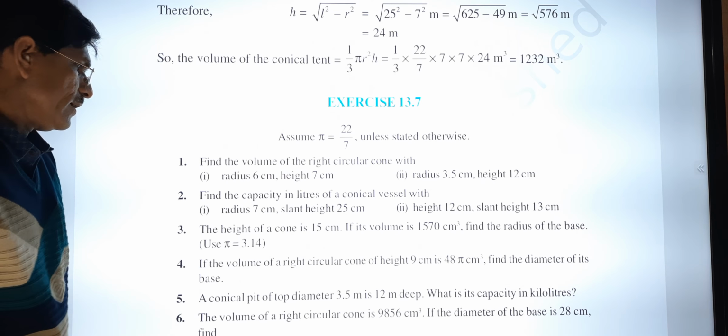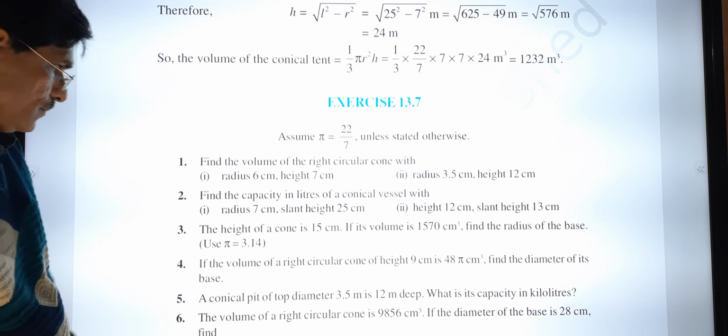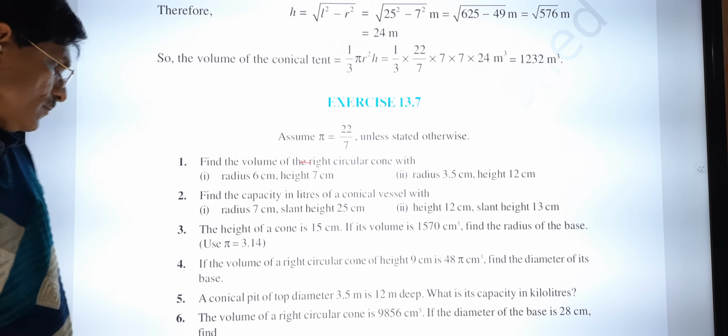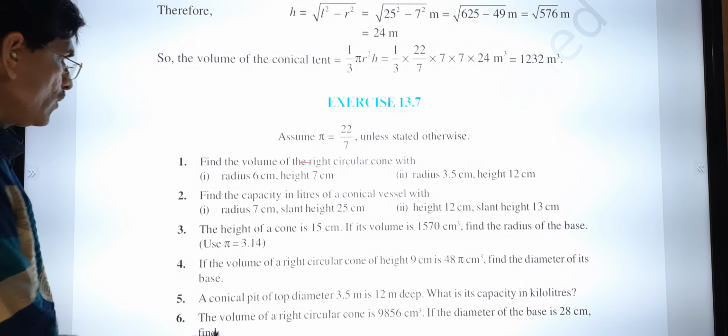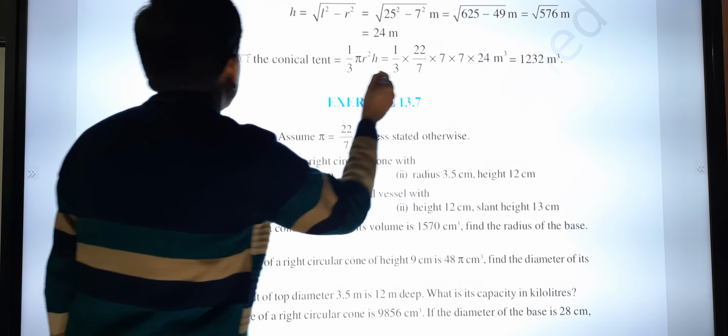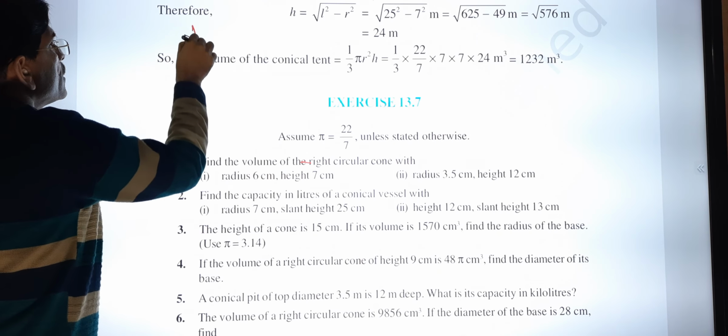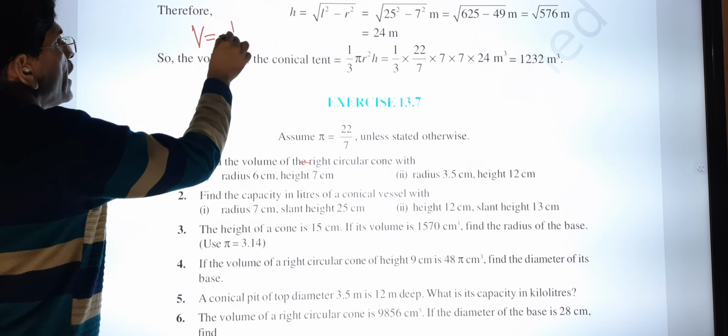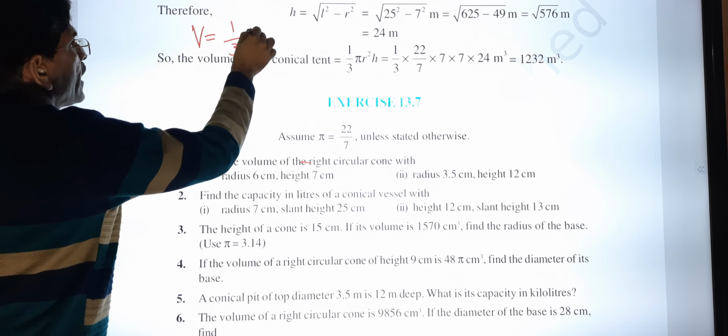So we can do it here easily. Now we can apply the formula here. V is equal to 1 by 3 pi r square h.